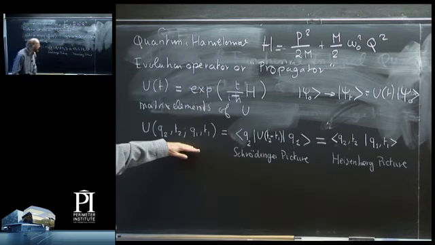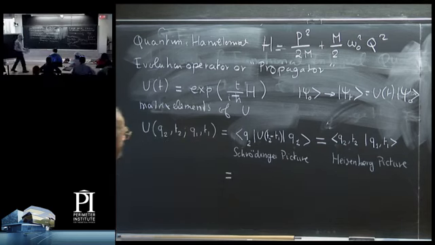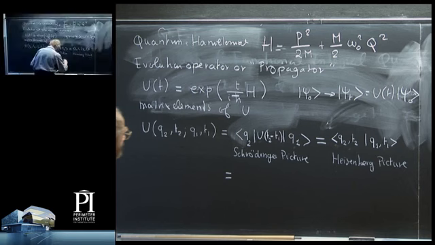And what Richard Feynman told us is that this can be written as a sum over all paths times a phase, which is exponential of i over h bar times the classical action associated to this particle.